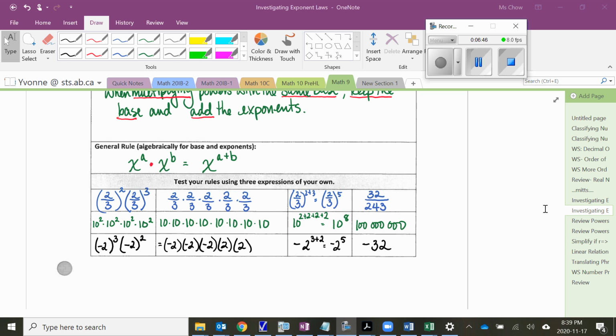I've got 2/3 squared, so 2/3 times 2/3, times 2/3 cubed, so another 3 2/3 multiplied together, and you can see 5 2/3 all there, and so it's 2/3 all to the 5th. That's something that you should be able to do without your calculator, or you'll work your way up to that. So multiplying all the way across, 2 to the 5th is 32, and 3 to the 5th is 243.